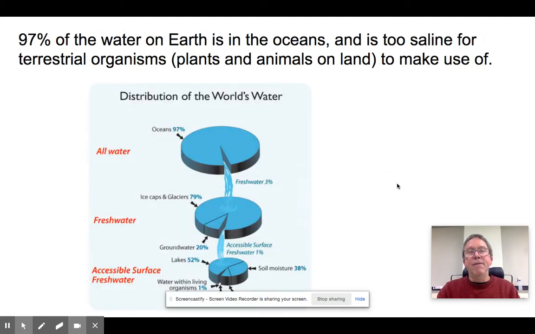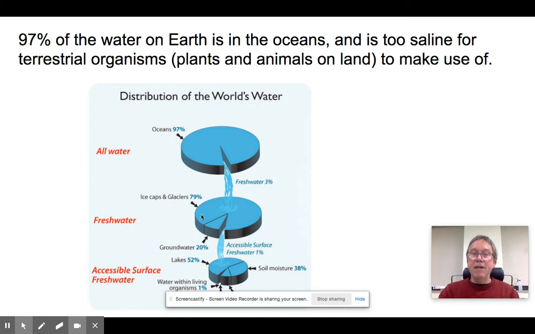Okay. Now, let's just talk about water in general. So, here's an energy budget for the world, and you probably do need to know this for the test. If you look at the Earth from space, what you see is blue, it's water, right? Well, 97% of the water on our planet is contained in the oceans. At least 3% is non-saline fresh water.